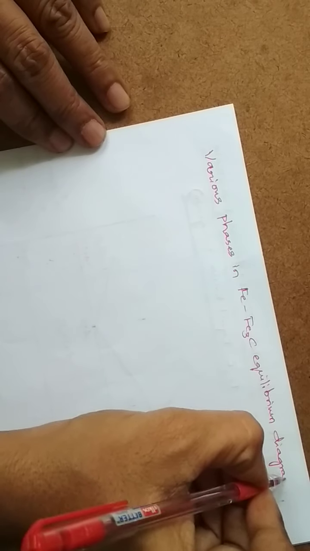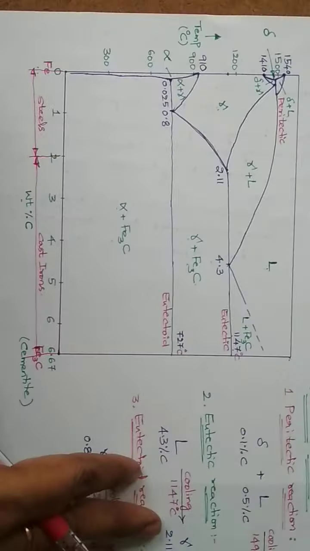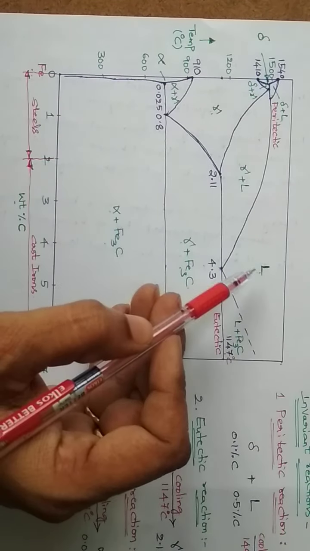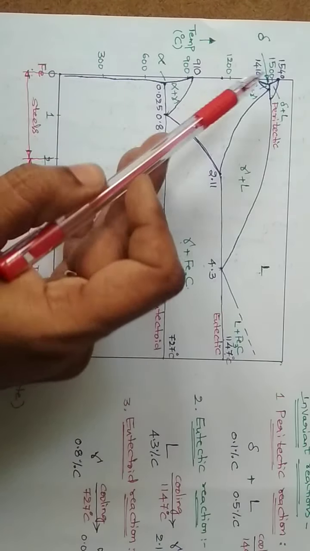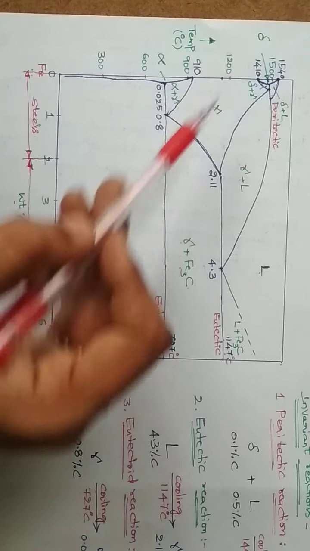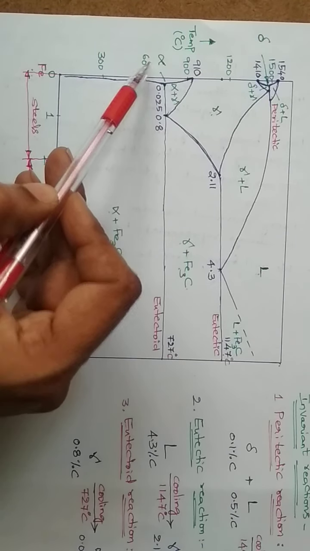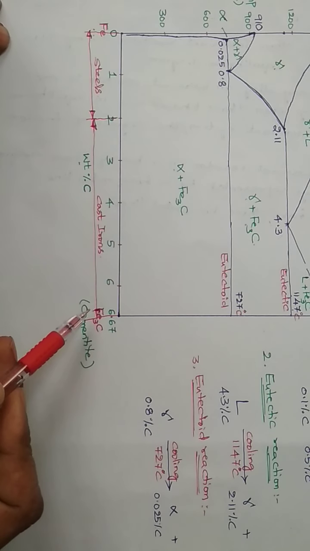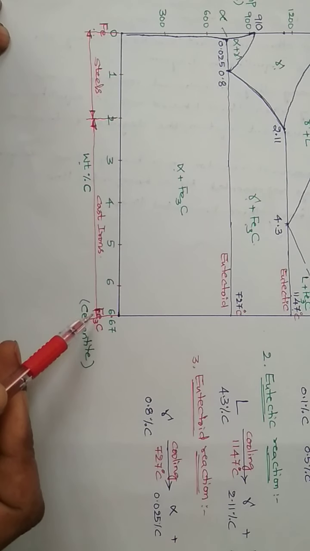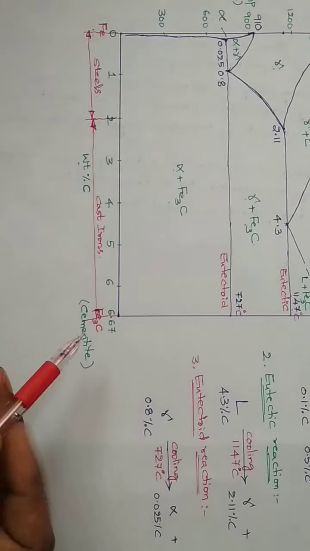Okay, so what are the phases? If you see the diagram, what are the phases? We have liquid phase, we have delta iron, we have gamma iron, and we have alpha iron, and finally we have this compound, this Fe3C cementite. So let us see one by one.